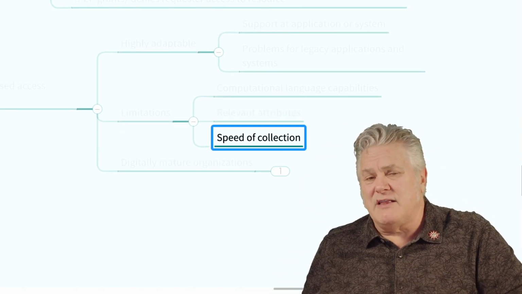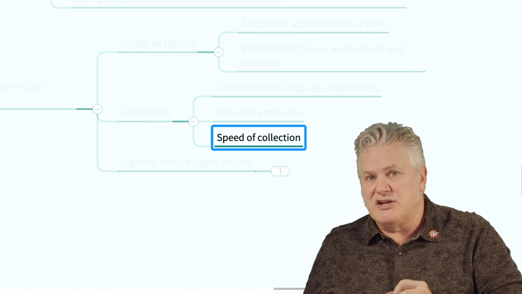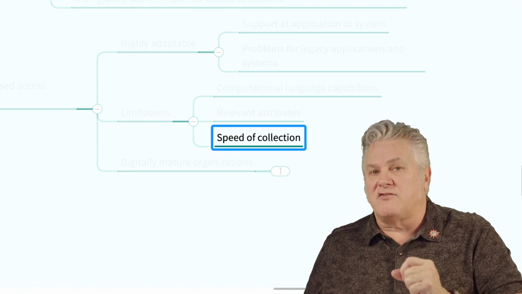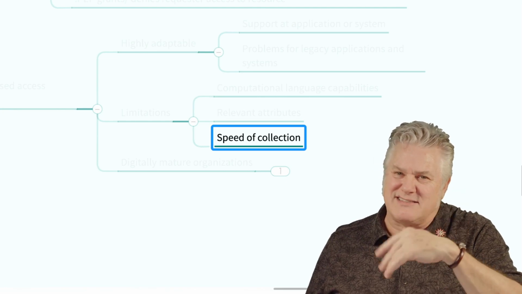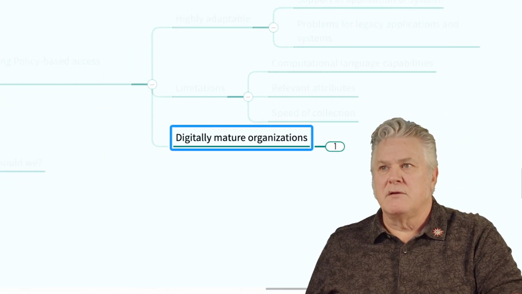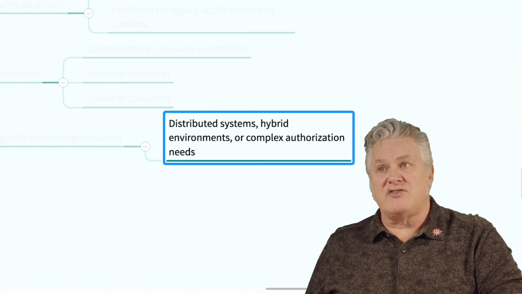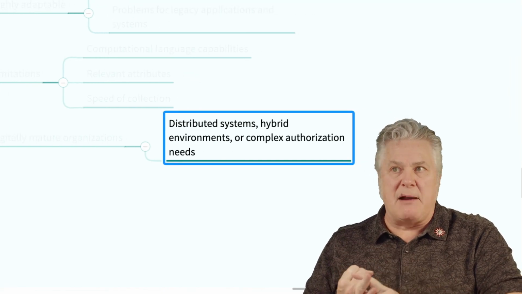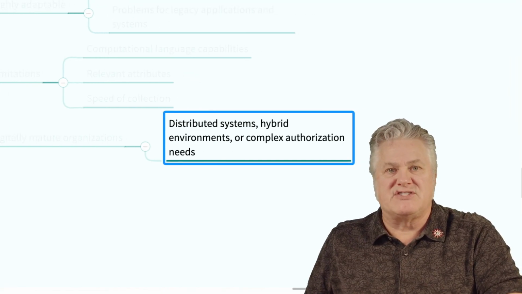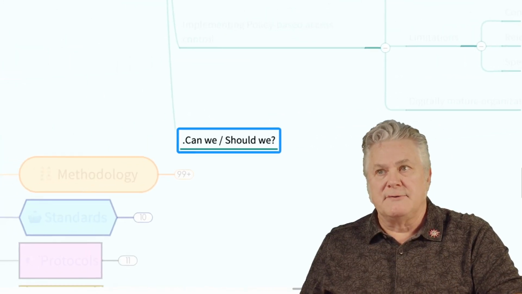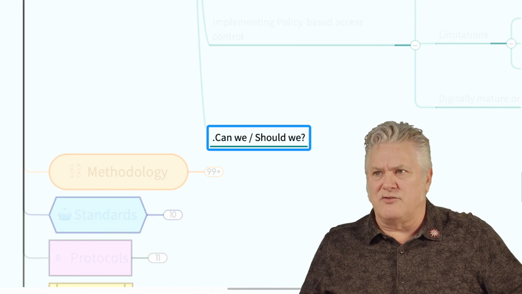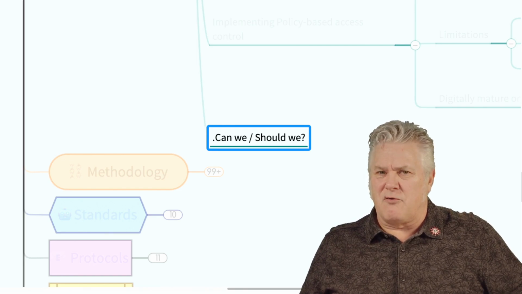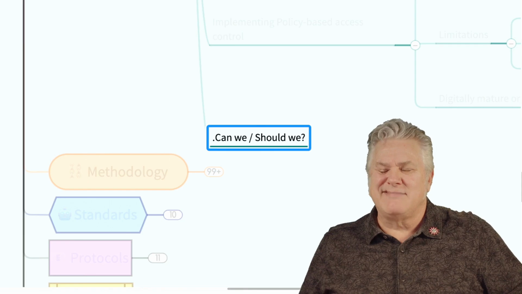The speed of collecting these things does become an issue when we have complex policies. That's why we may also partition our databases. That's a database thing. In digitally mature organizations, we're going to have distributed systems, hybrid environments, complex authorization needs. We need to be all ready for that. So the question is, can we do policy-based access control? And should we do it for our organization? And most of the time, the answer is yes.